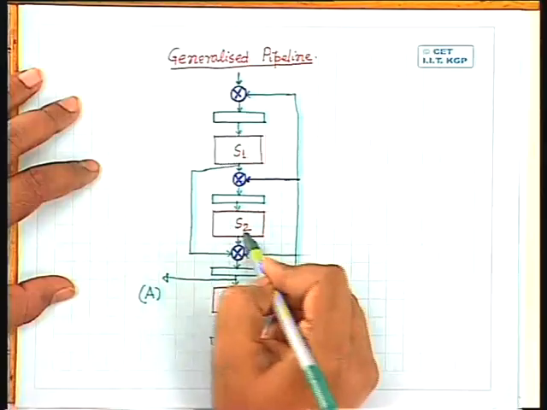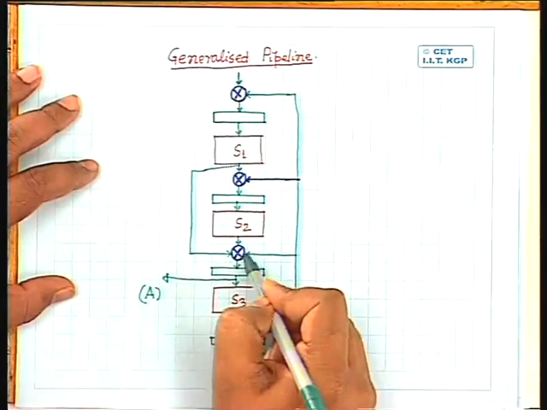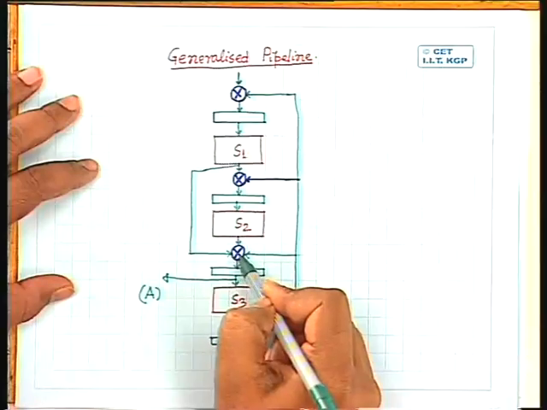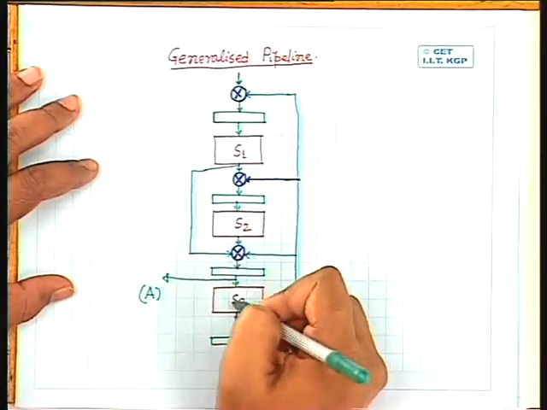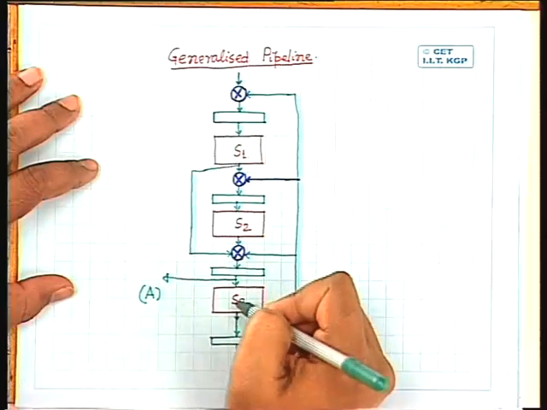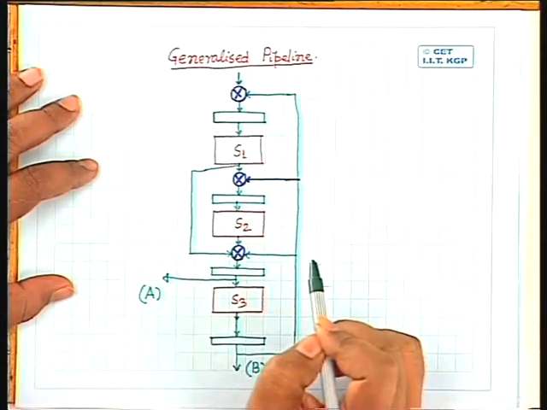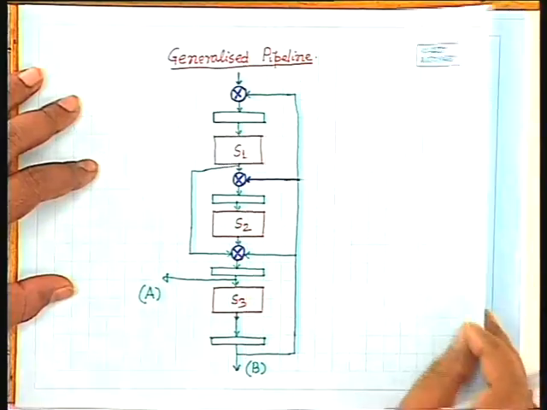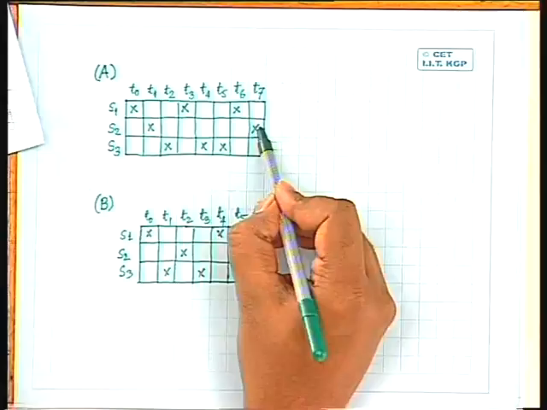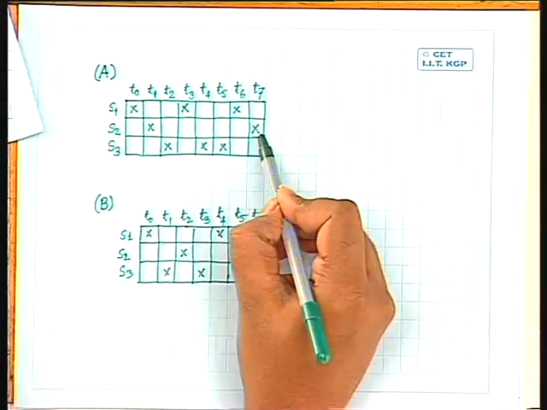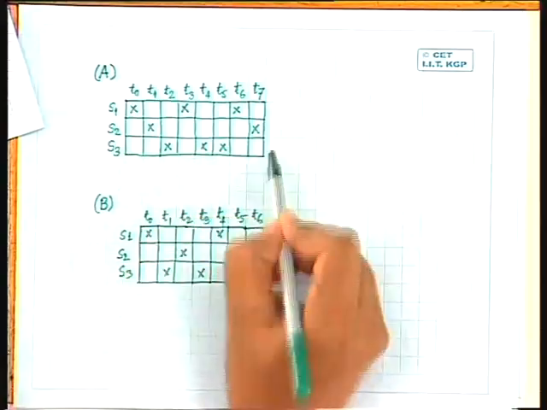So you have to bypass S2, right, and set the select input of this multiplexer in such a way that the data from this input will be selected and that will be fed to the computation block S3 for this part of computation. Okay. And this way the computation will continue, and at the end of T7, you get the output from the computation stage S2.